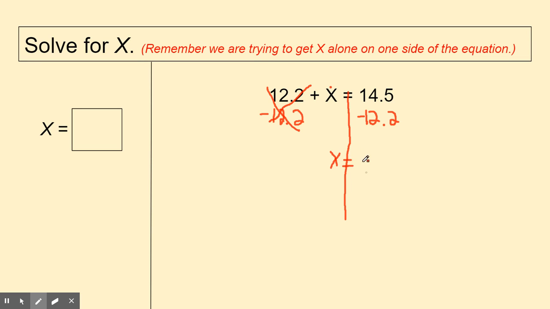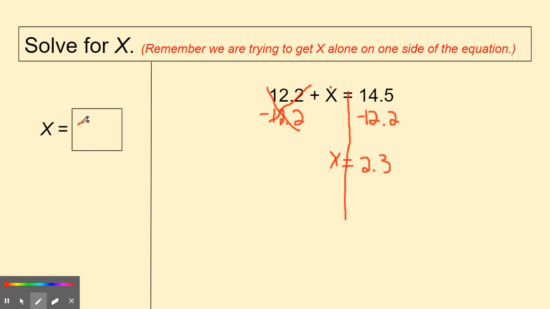Don't forget our equal sign. And x equals 14.5 minus 12.2. We just have to subtract those. When we subtract 12.2 from 14.5, we would get 2.3. So x would equal 2.3.